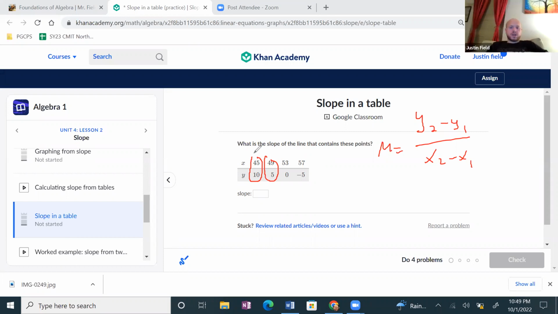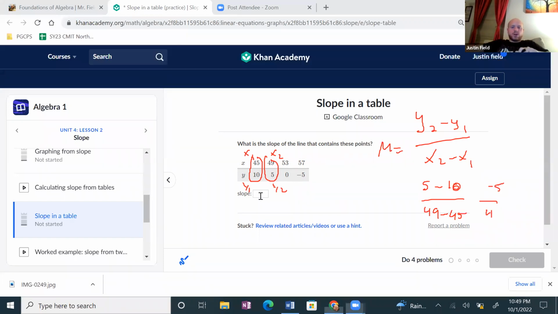So let's call this x1, y1, and then this will be our x2 and our y2. So it's going to be 5 minus 10 over 49 minus 45. Maybe 4, it's going to be negative 5. So negative 5 over 4.